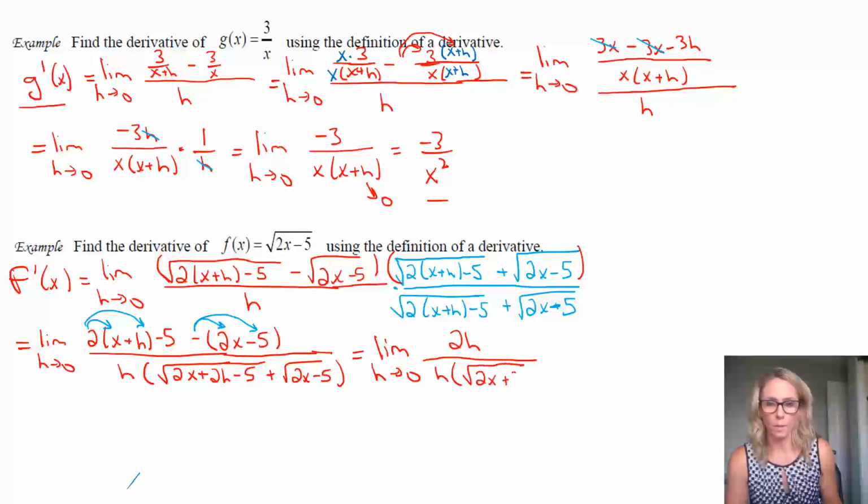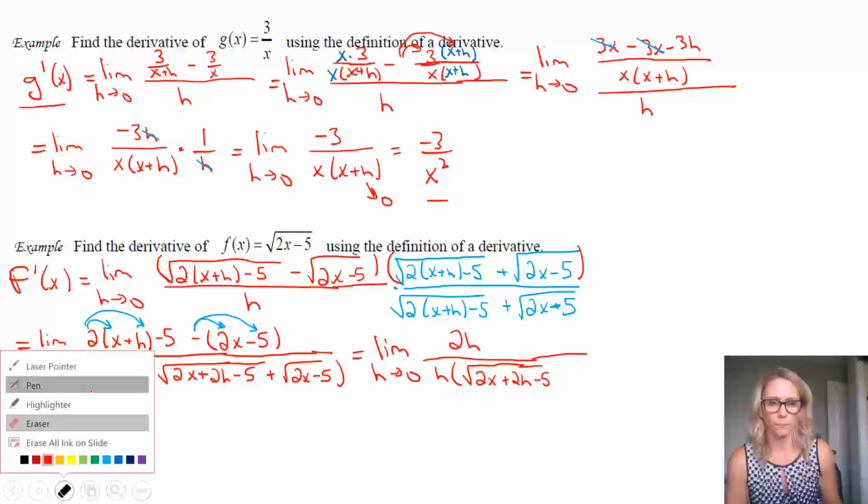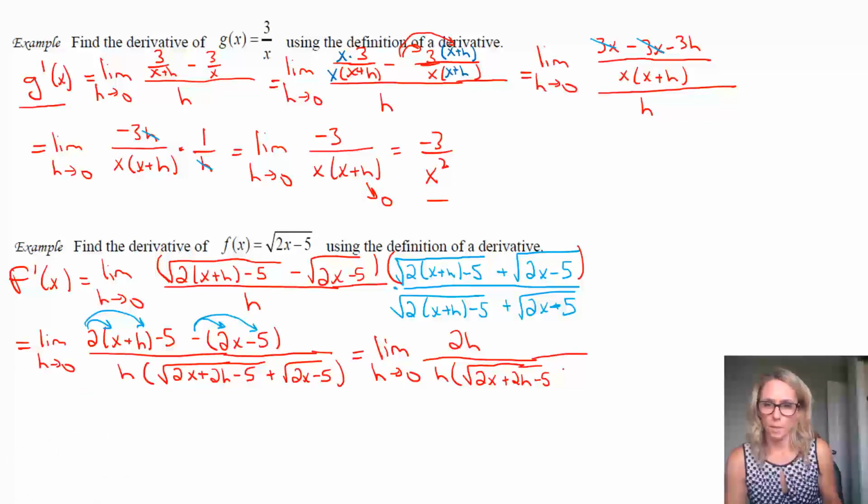So 2x plus 2h minus 5, and then let me just put back plus the square root of 2x minus 5, like that.